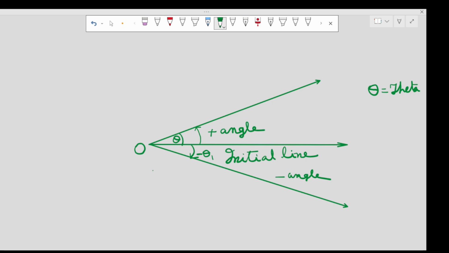Now think about measurement. We have already learned the measurement of an angle, the unit of angle, degree measure. It is learned from the primary level. This is called sexagesimal measurement. Another type of measurement is called circular measurement.